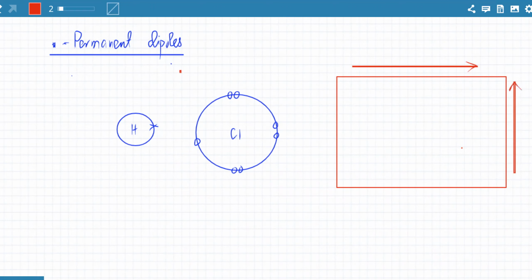Your electronegativity increases. The atoms become more and more electronegative, right?